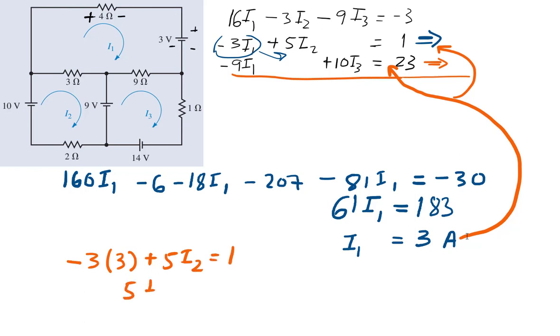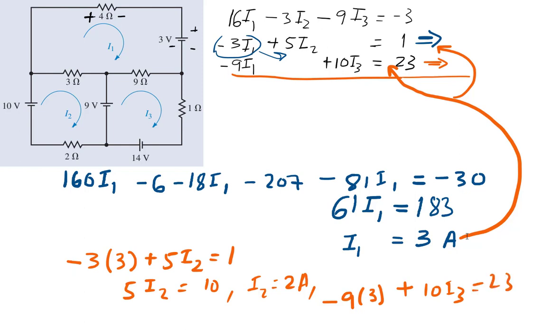That means that 5 I2 equal 10, which means that I2 equal 2 amperes. For the last one, negative 9 times 3 plus 10 I3 equal 23. So this is 27. Take it to the other side, it becomes 50. That means I3 equal 5 amperes.